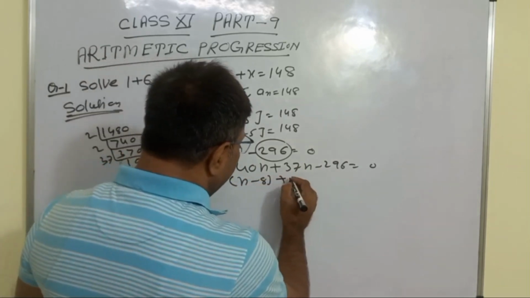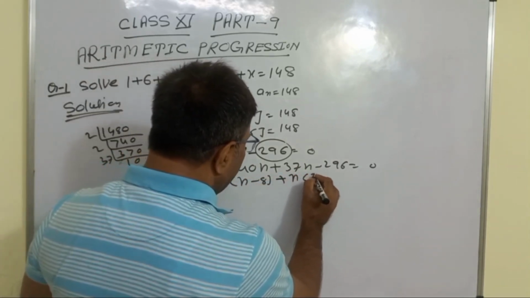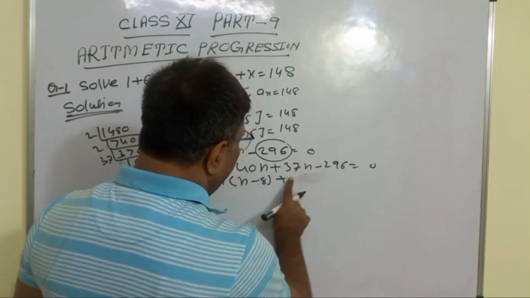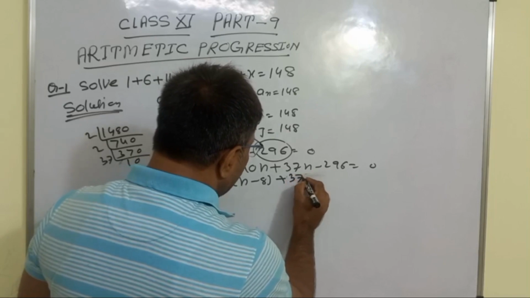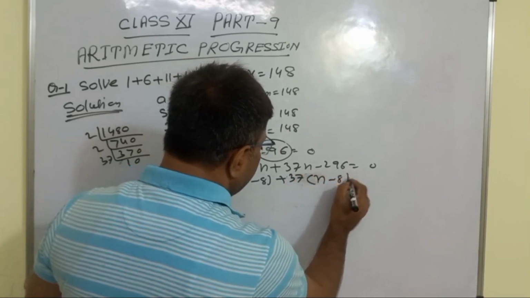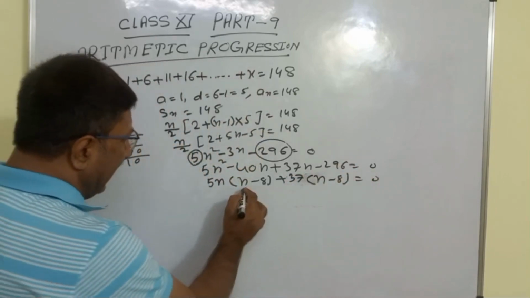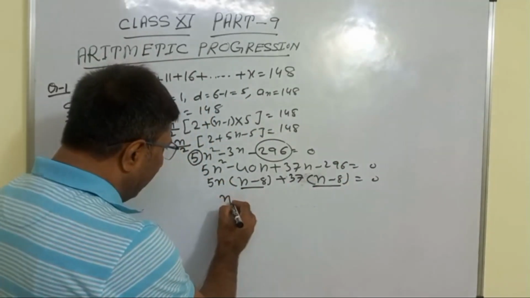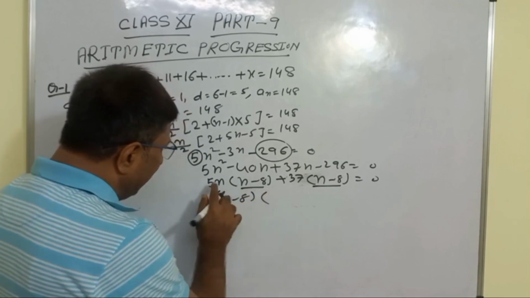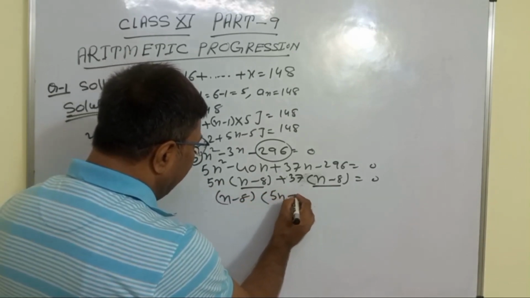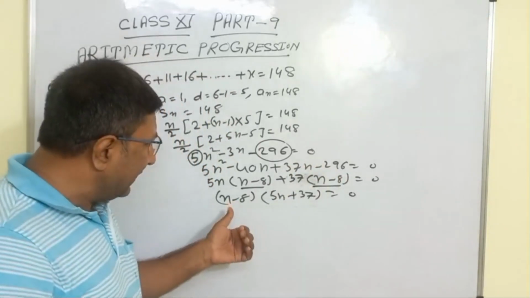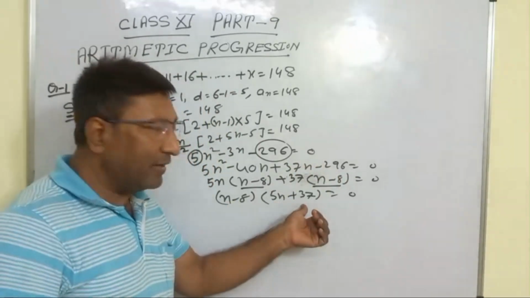Again, from 37n minus 296, we take 37 common, so this is n minus 8. Now you see here n minus 8 and here n minus 8, so we can take n minus 8 common. In the first we will get 5n, in the second 37. So this is n minus 8 into 5n plus 37 equal to 0.